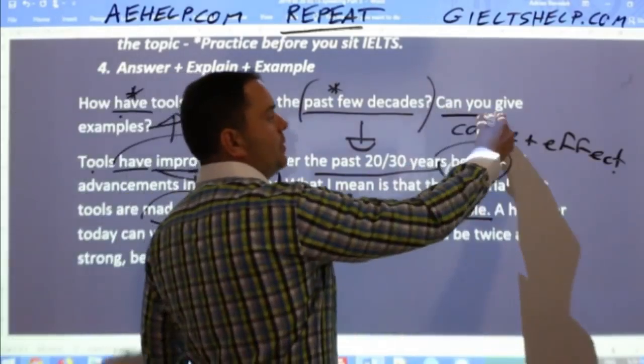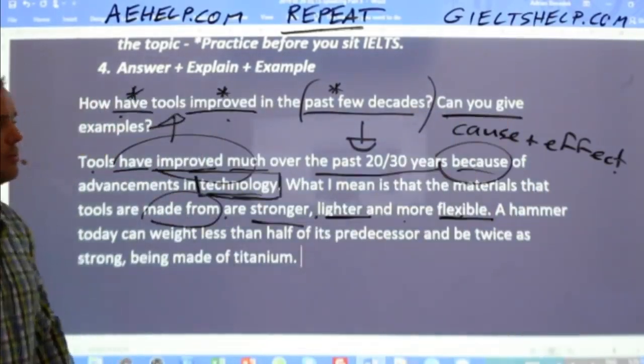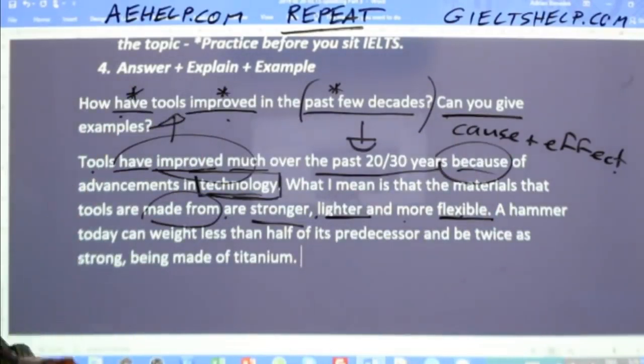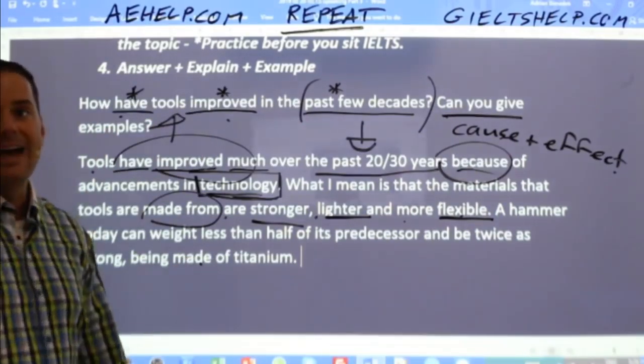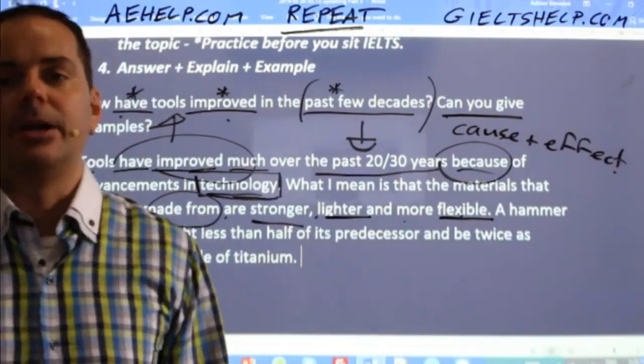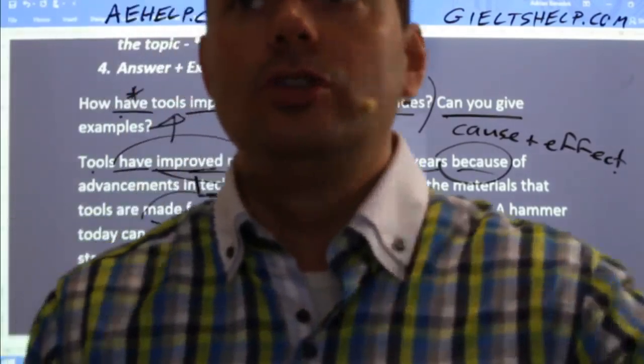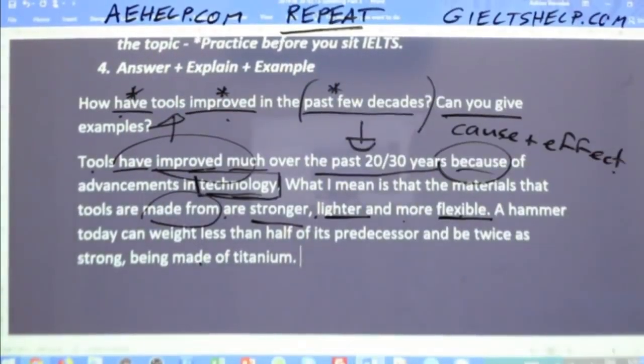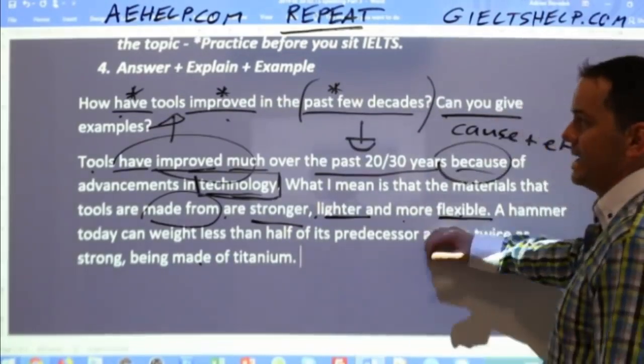I'm right away answering even the follow-up question of the examiner, can you give examples, by including that example. All right? That's what you want to do if you are going for that high band 7, band 8, band 9.